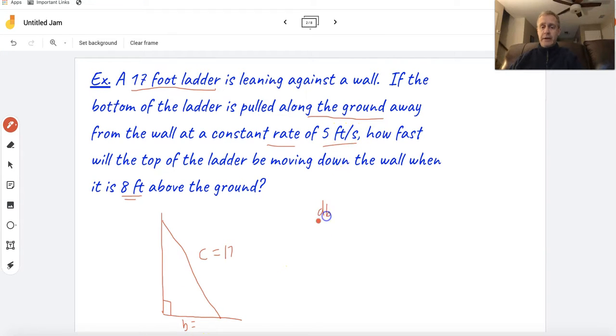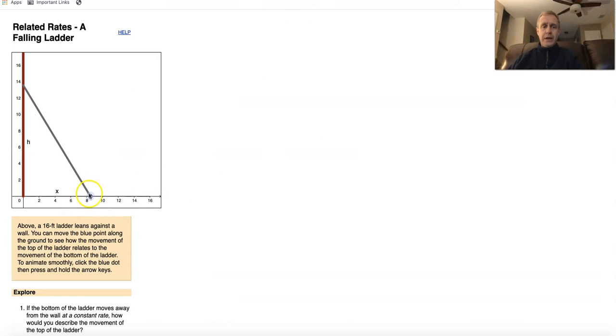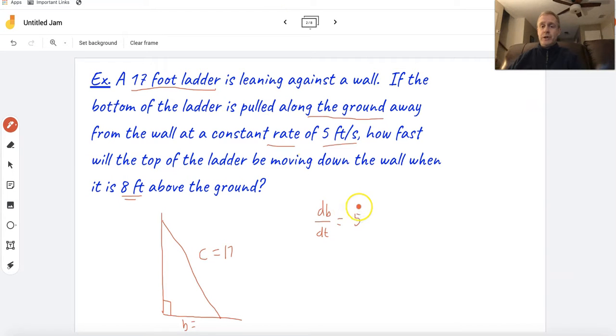So I'm just going to write off to the side here that we know dB/dt is equal to 5. And if I go back to this picture, as the ladder is falling away from the wall, since this side is getting larger, that side is increasing, and so this rate of change I'll leave as just a positive 5.